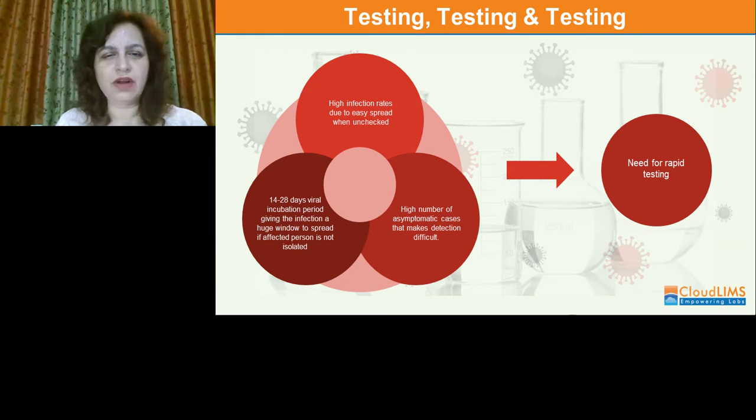Factoring in multiple studies, the R naught of the COVID-19 is estimated to be between 1.4 and 2.5, which means one infected individual in the absence of any mitigation can infect between 2 to 3 individuals.